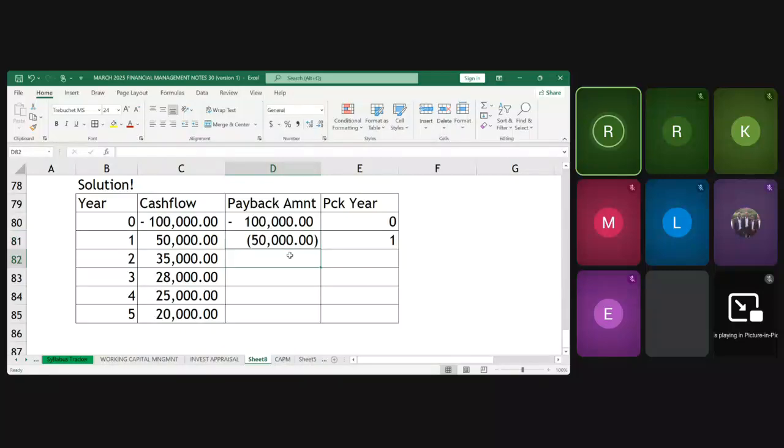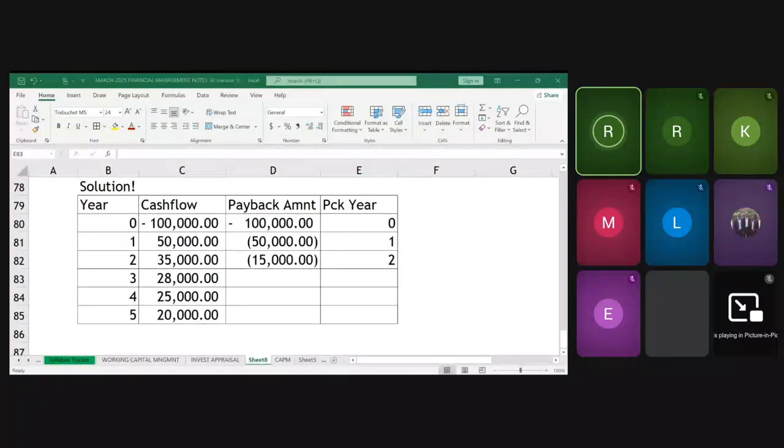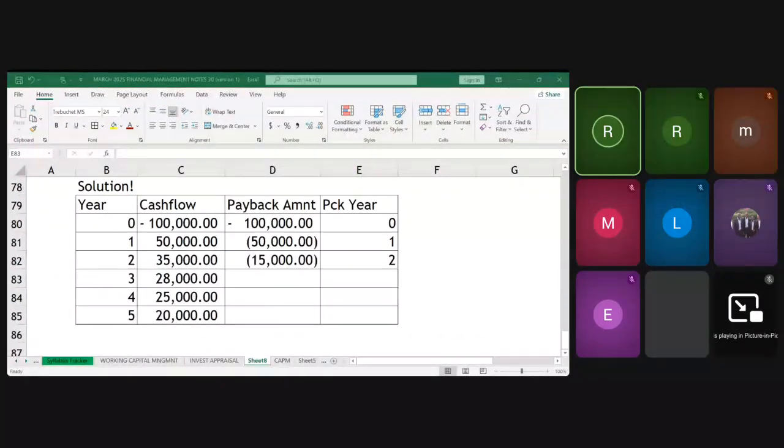We got year two, we have this balance plus what we got to reduce the balance to 15,000. Year two is gone. Still, we have a gap of 15,000 in order for us to recover our money.